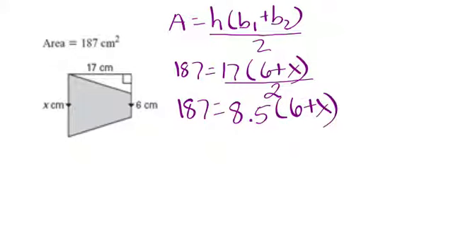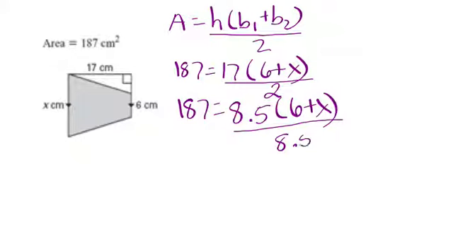And from this point, you can either distribute the 8.5, which is a common way to do this, or we can work it another way, which is to divide 187 by 8.5. It makes for less work and you're less likely to make mistakes this way.